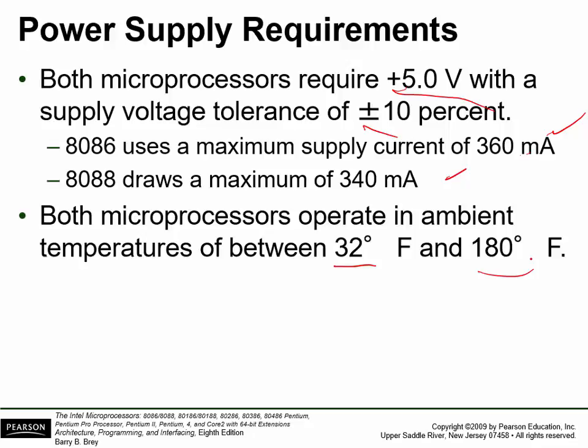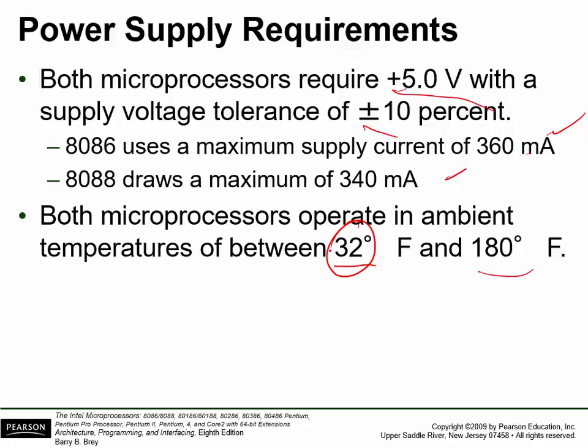There are processors out there that will operate in a wider range than that, and you might ask yourself why. This is actually a very limiting factor if you live in a place like where I grew up, in central Minnesota, up in the northern part of the United States near the Canadian border.